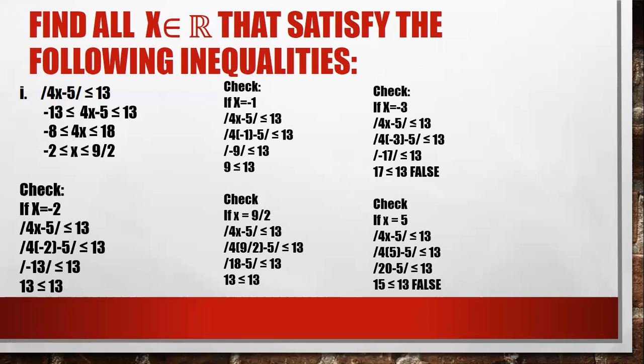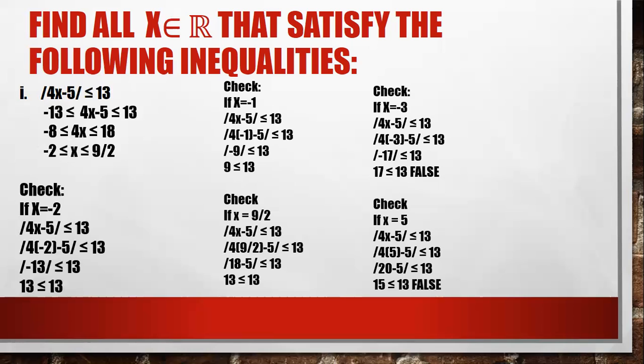So again, we will copy the equation. The absolute value of 4x minus 5 is less than or equal to 13. So we will substitute the value of x, which is negative 3. So we have the absolute value of 4 times negative 3 minus 5, less than or equal to 13. 4 times negative 3 is negative 12, minus 5, it's negative 17. So we have the absolute value of negative 17, less than or equal to 13. The absolute value of negative 17 is positive 17, which is less than or equal to 13.